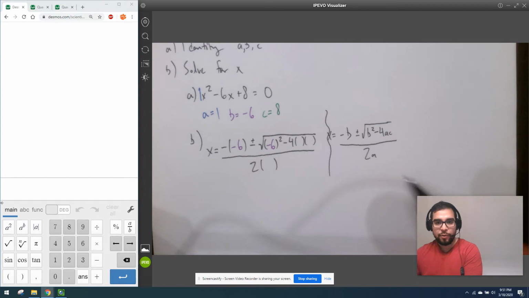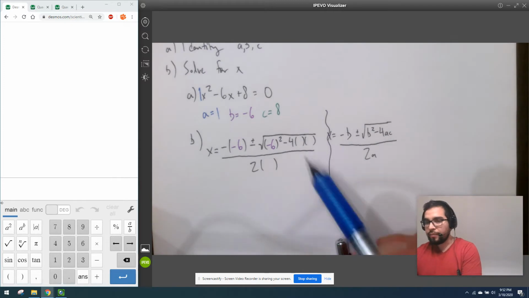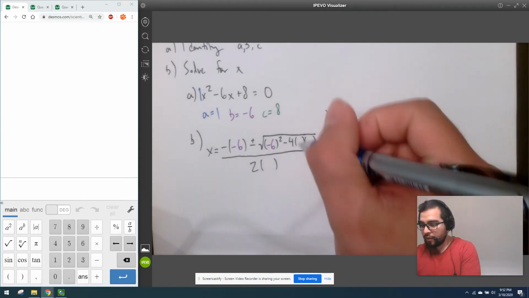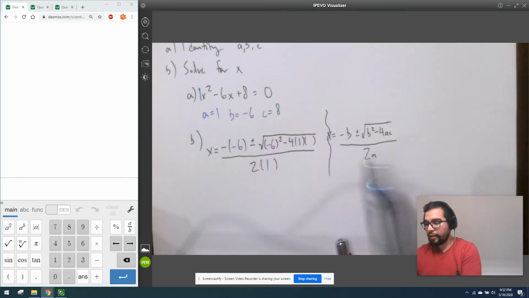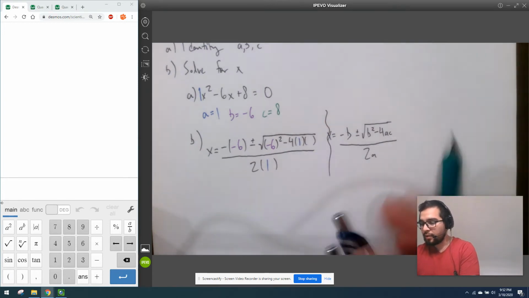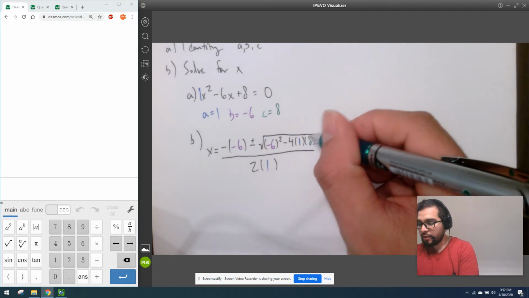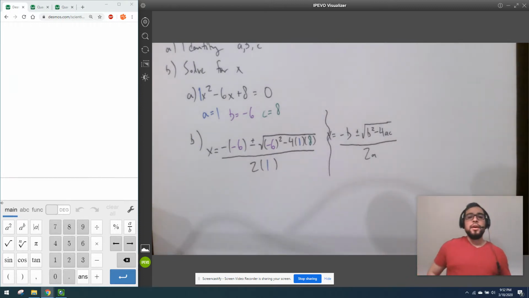I don't have any more b terms, so let's take a look at my a terms. a is 1, so a goes right in here, and a goes right in here, and c is 8. So I'm going to put 8 right in there. Now that we have that there, let's simplify a little bit more.